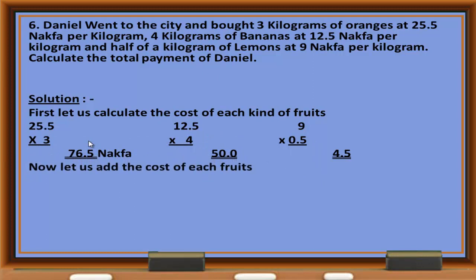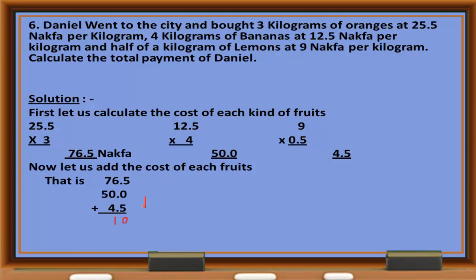Now let us add the cost of each fruit. That is 76.5 plus 50.0 plus 4.5. 5 plus 5 is 10. Therefore we write 0 and we put here 1. 6 plus 0 is 6 plus 4 is 10 plus 1 is 11.